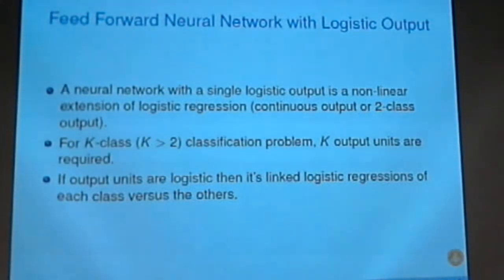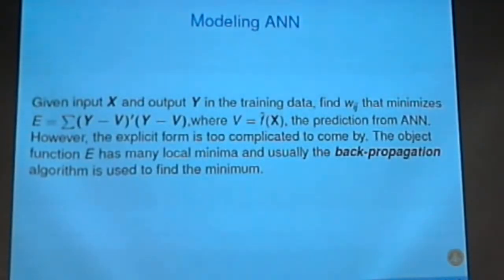If output units are logistic, then it links to a logistic equation of each class versus the other. These are some algorithm details. The idea is to find weights that minimize this, which is a kind of mean square error: Y minus V transpose Y minus V, a squared magnitude.